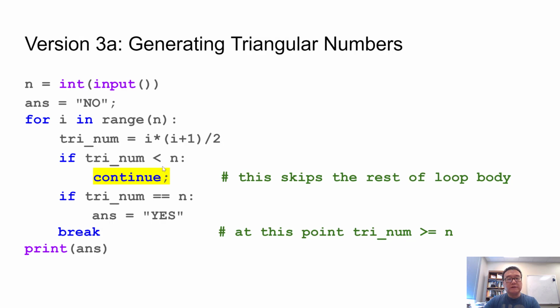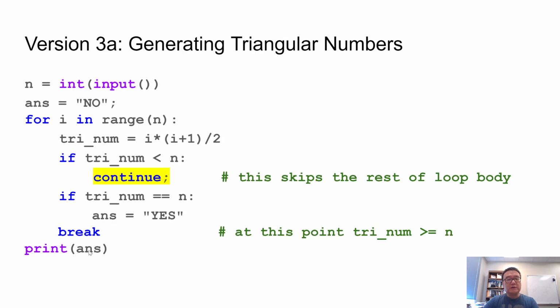With that, we can understand this code. If the triangular number is less than n, we just go to the next triangular number, so we use continue. When the execution reaches this point, that means the triangular number will be either greater than or equal to n. When it is equal to n, we want to set the answer to yes. And whether it's greater than or equal to n, we want to break, because we have checked all the triangular numbers that are relevant.